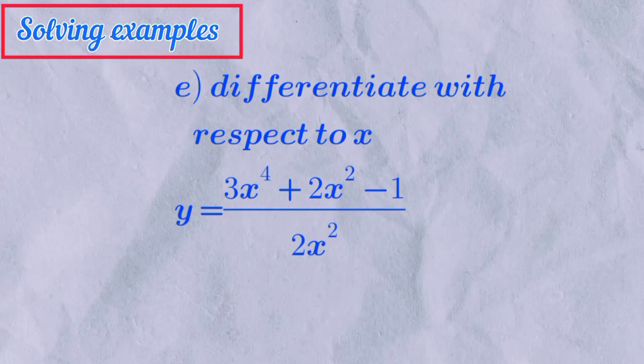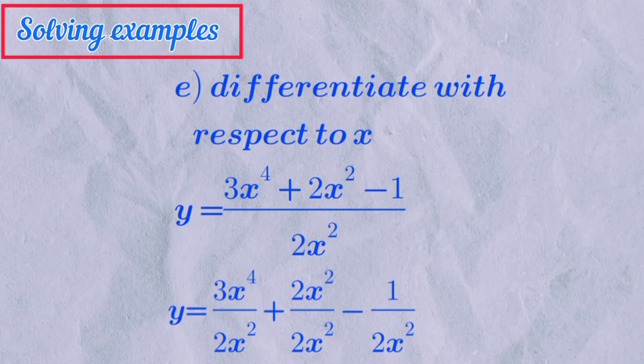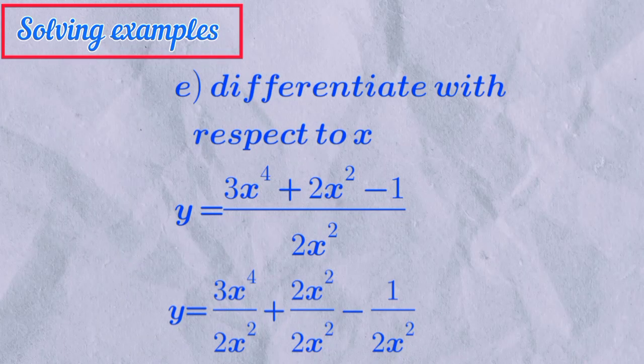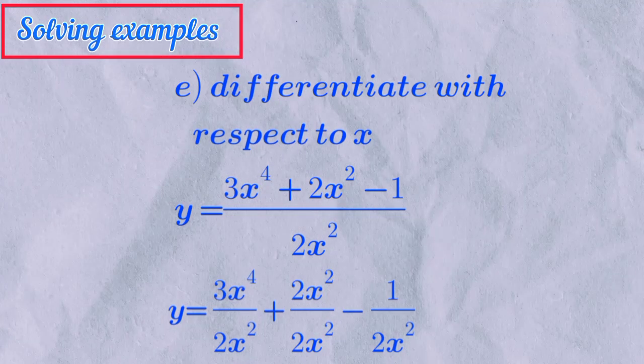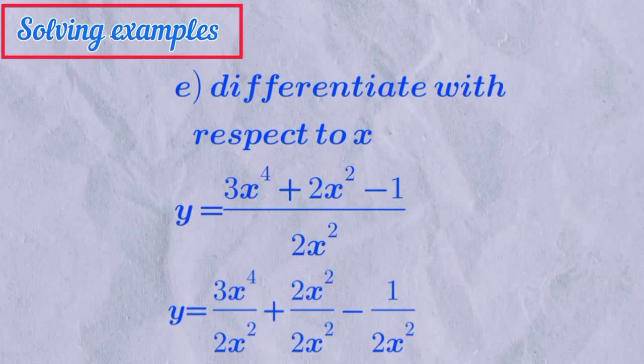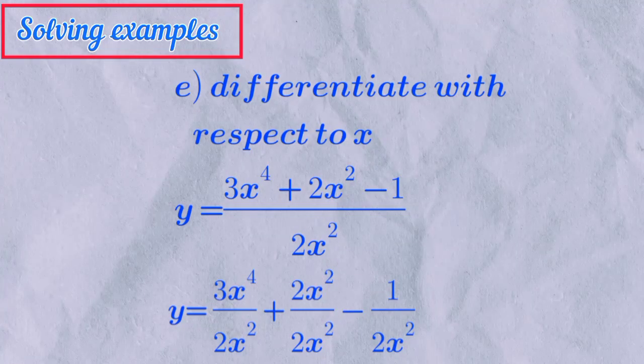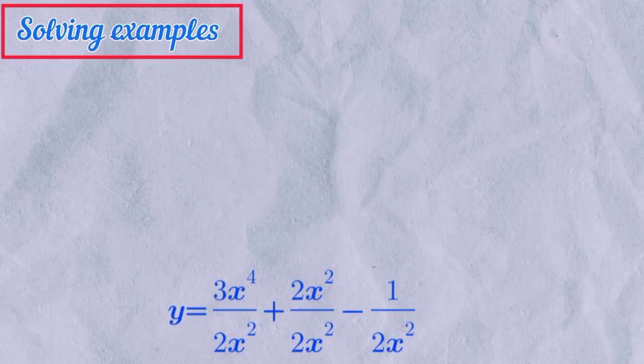So our equation can be written as y equals 3x raised to the power of 4 divided by 2x raised to the power of 2, then plus 2x raised to the power of 2 divided by 2x raised to the power of 2, then minus 1 divided by 2x raised to the power of 2.